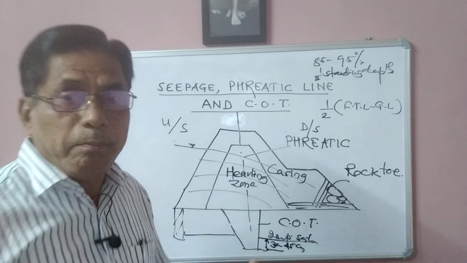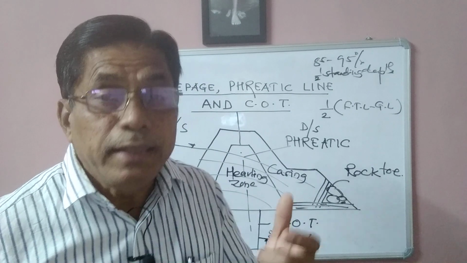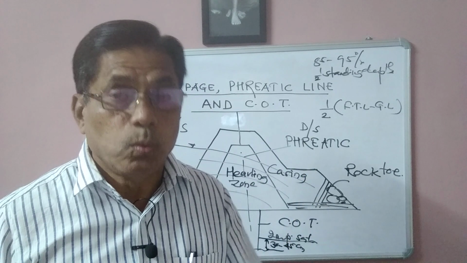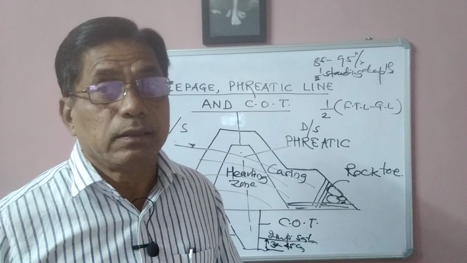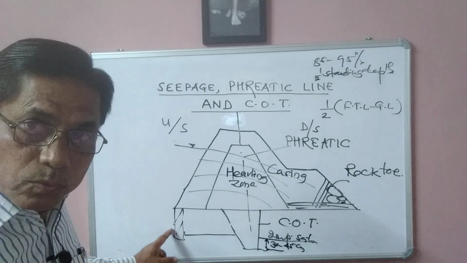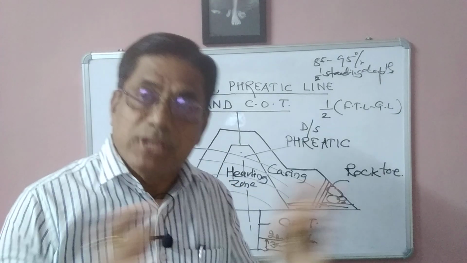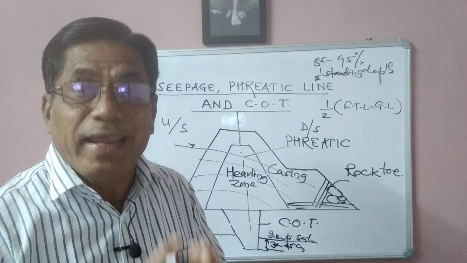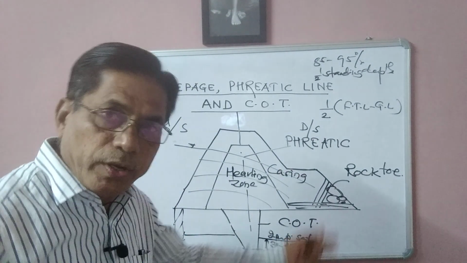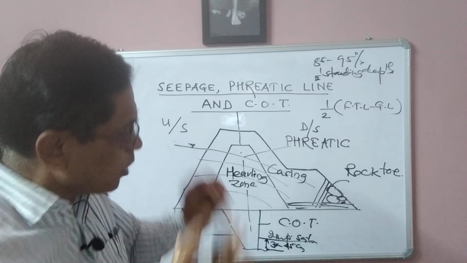Cutoff wall may be provided using impervious materials such as timber, concrete, RCC, steel. Such a material is used for the cutoff walls. So remember, these are two different things. The purpose is same: to reduce the seepage, to reduce the entry of the water inside the foundation. So cutoff trench and the cutoff walls are different.